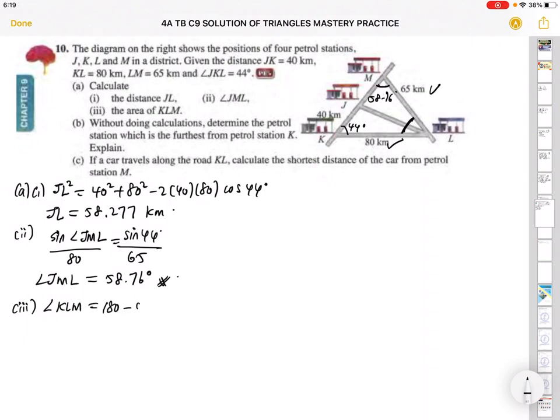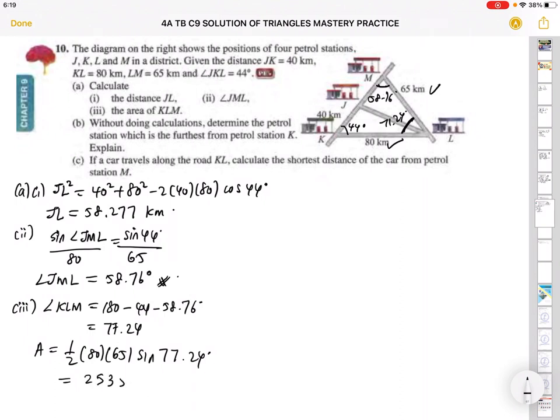This is 71.24. If I know this 71.24, I can just use the area of a triangle, half ab sine C. ab will be 80 times 65 times sine 71.24. Okay, I wrote this wrongly, it's 71.24. And I got 2535.76. This is the area in square kilometers. All right, let's look at part B.